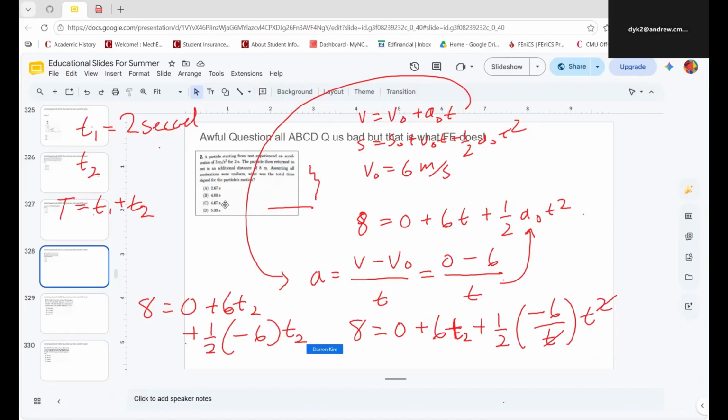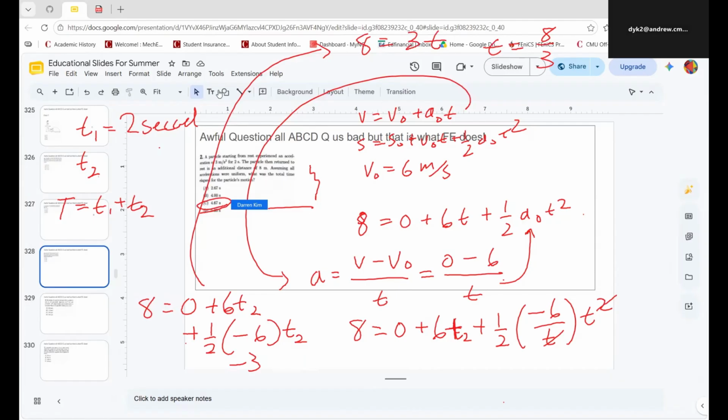So this is minus 3, so it's 3. So 8 equal 3 t2, so t2 equal 8 divided by 3, which is about 2.666. Plus the 2 seconds that's spent is 4.6. So it's 4.6, that is C.